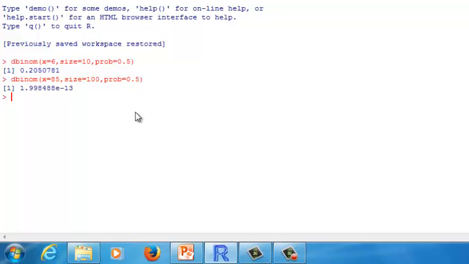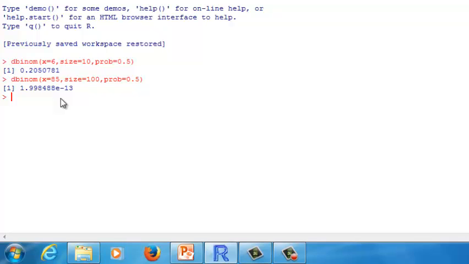Let's press enter. Now we can see 1.998 times e to the power of negative 13. E in R represents the value 10. 10 to the power of negative 13 represents a very small number in mathematics. If you use 1.99 times a very small number, you will still get a very small number. What does this mean?